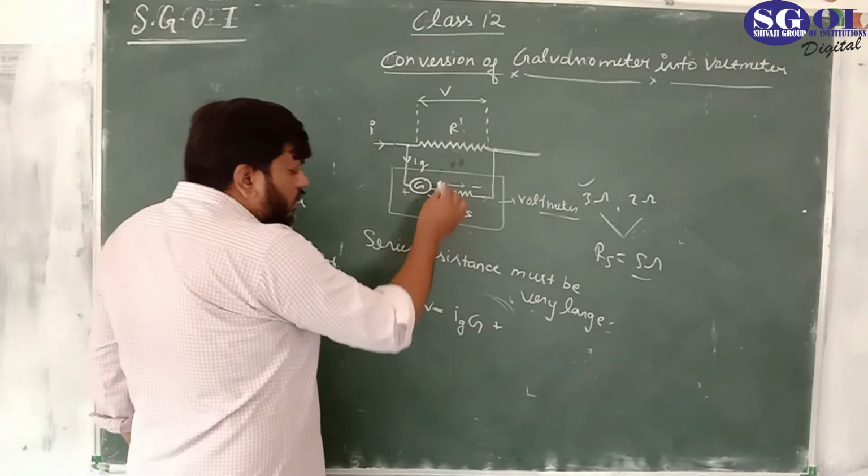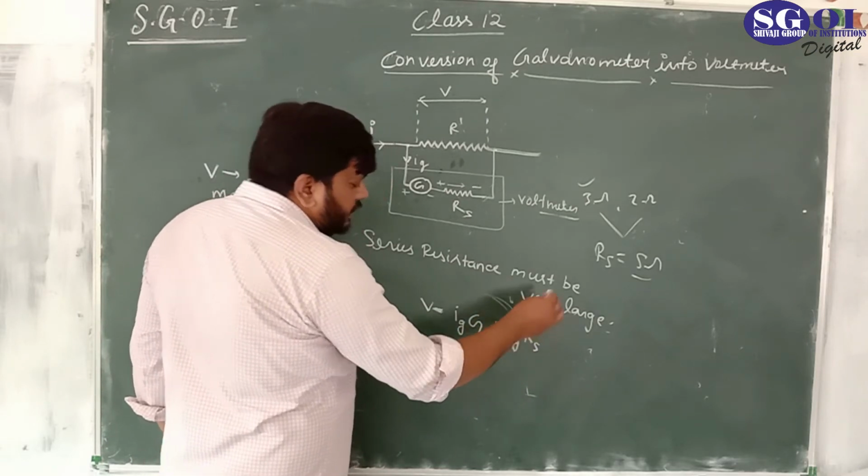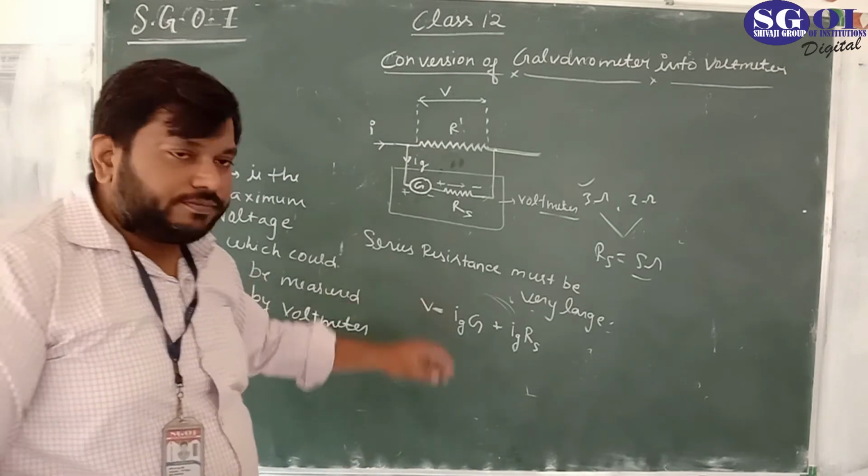So the total voltage is Ig into G plus Ig into Rs. So this is the V.